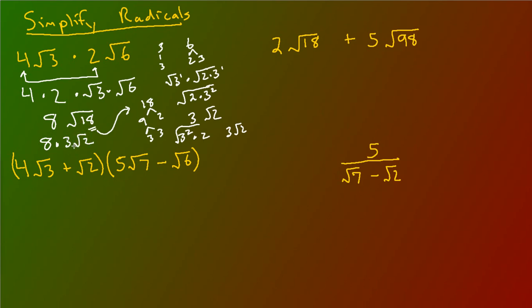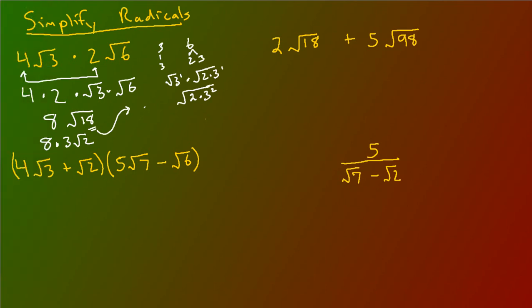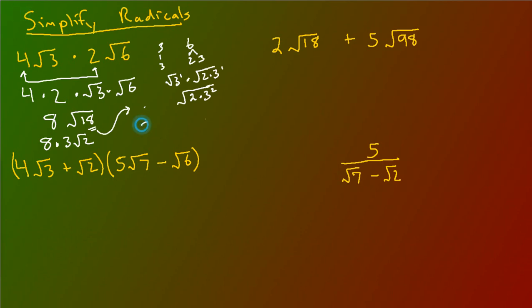And notice how I did that, the 3 came out, and then I'll have to erase some of these. So then what I have here is 3 times the 8, which gives me 24. So I have 24 root 2 there.